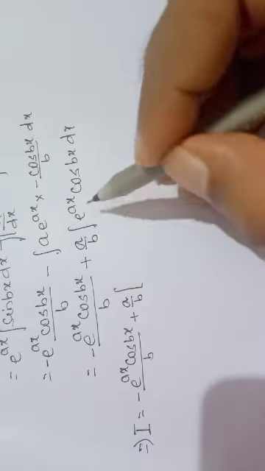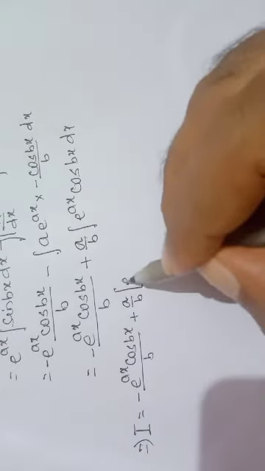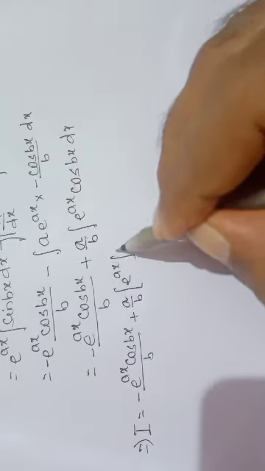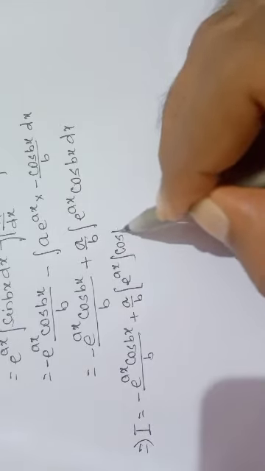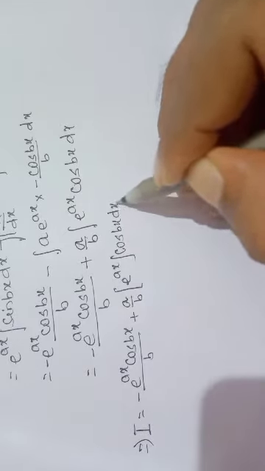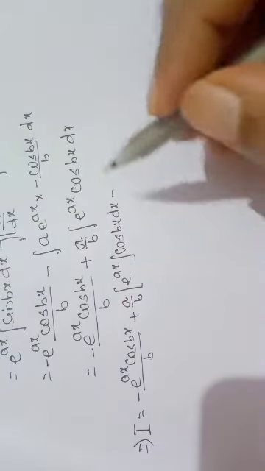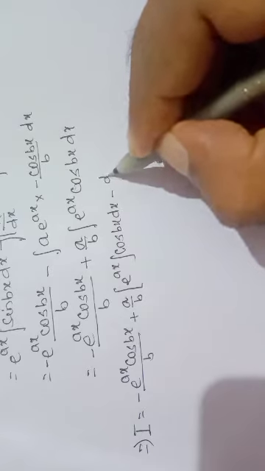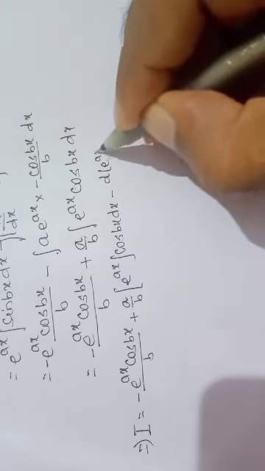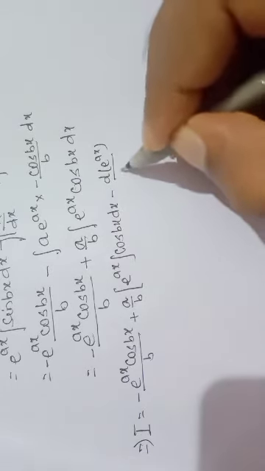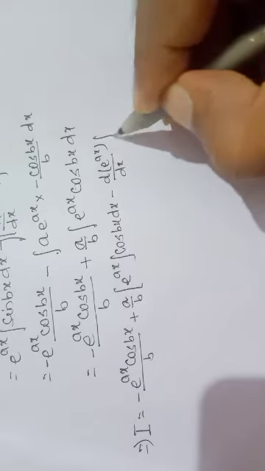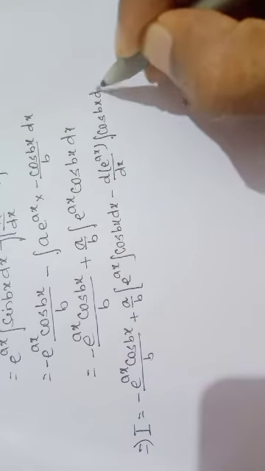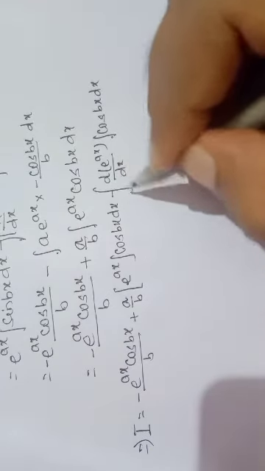Now apply u, that is e to the power ax into integration of v, that is cos bx dx, minus differentiation of u, so differentiation of e to the power ax into integration of cos bx dx and its whole integration.